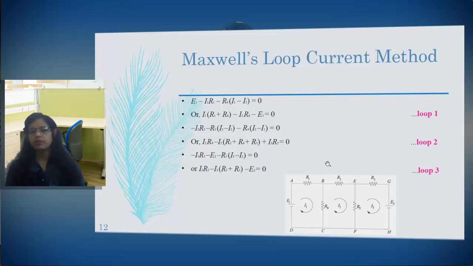Again this method is very important in solving DC networks. Not only DC networks, it is applicable to AC networks as well, but since this is the module of DC networks, I will stick to DC networks only. For these 3 loops, we will get 3 equations, and we can solve them and find out the value of the current or the voltage drop, whatever is required.